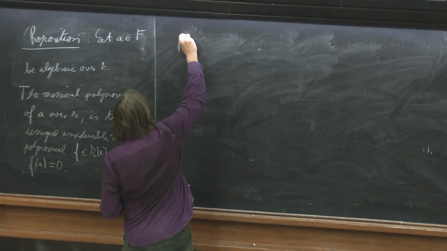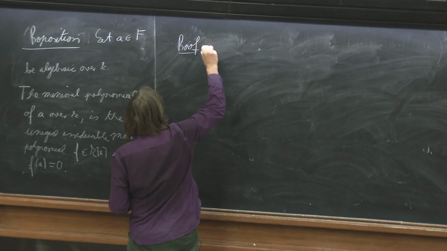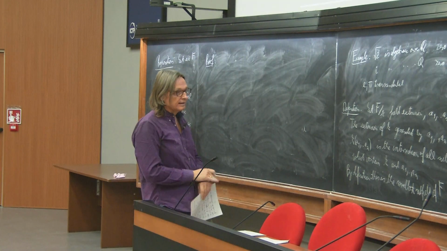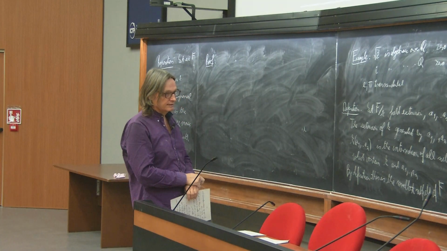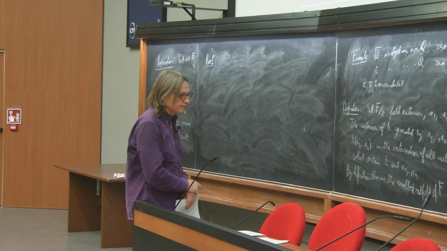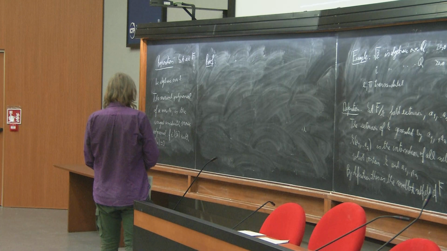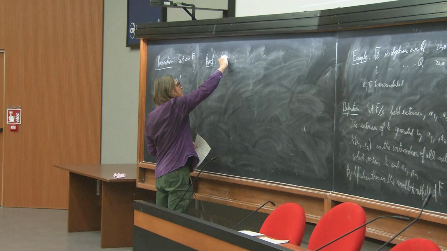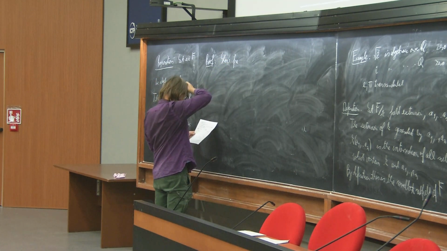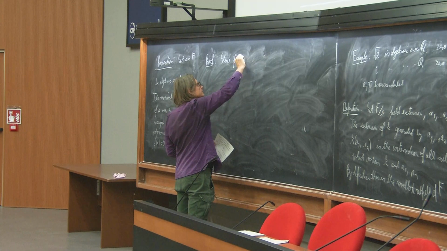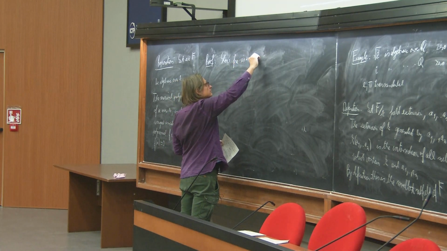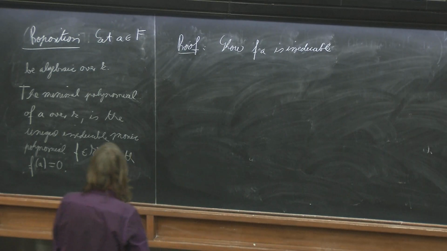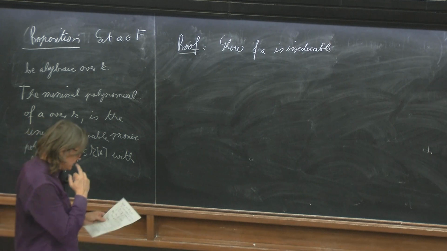Proof. So we have, for instance, to show that this f_A, which we defined as the generator of the kernel of the evaluation homomorphism at A, is irreducible. This follows quite easily from the fact that it generates this ideal.